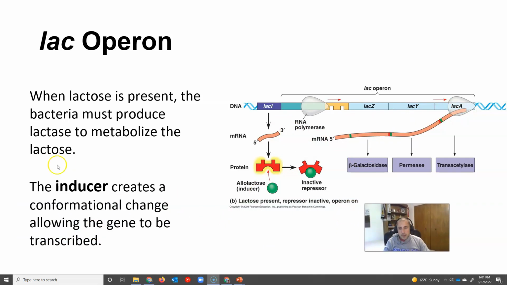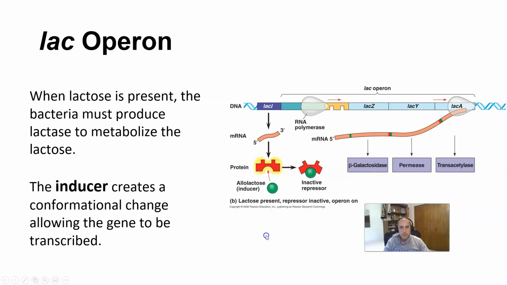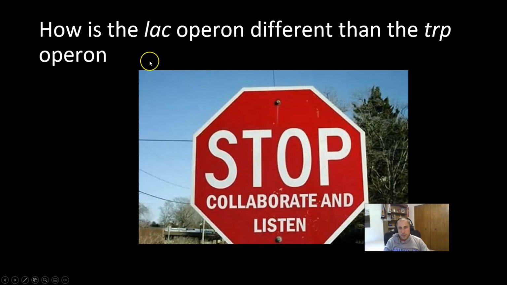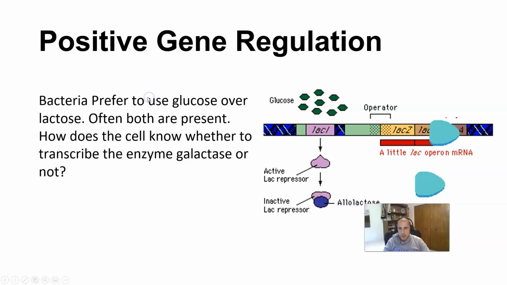So instead of calling this a co-repressor, it's called an inducer because it's inducing the transcription. So how is the lac operon different than the trp operon? Remember, I said they're kind of like opposites.